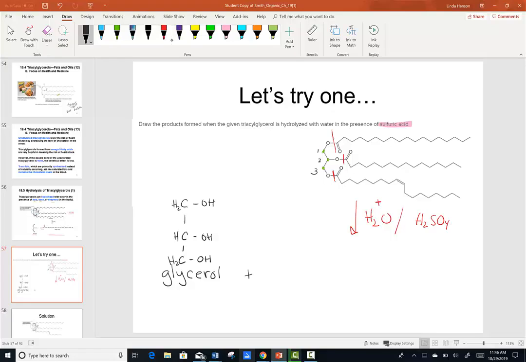I know that the first fatty acid, I'll highlight in green here, was going to originate at carbon 1, 2, 3, 4, 5, 6, 7, 8, 9, 10, 11, 12, 13, 14, 15, 16, 17, 18 carbons there. So that means our first will have a C double bond O, OH.